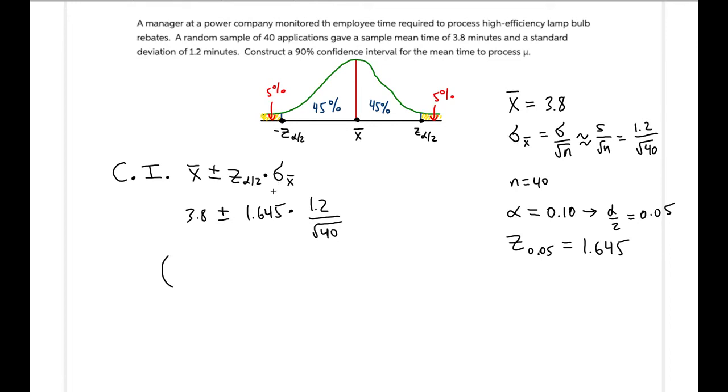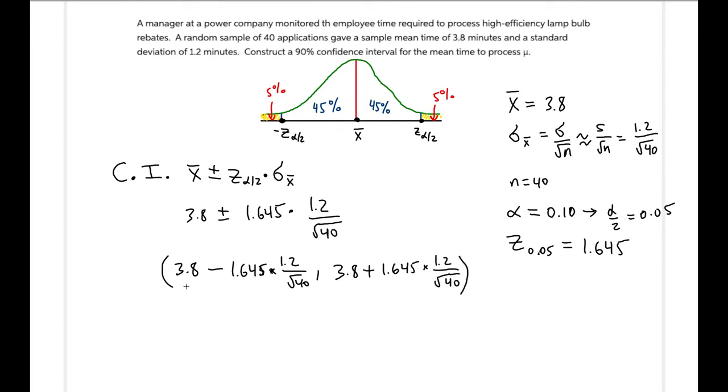First finding the leftmost limit. It's going to be 3.8 minus 1.645 times 1.2 over square root of 40, and then 3.8 plus 1.645 times 1.2 divided by square root of 40.